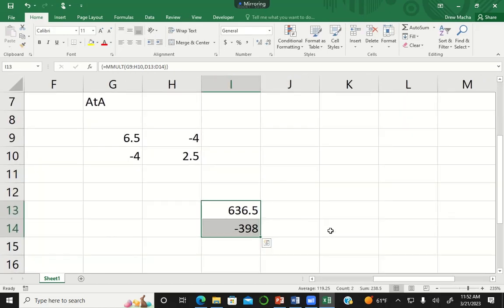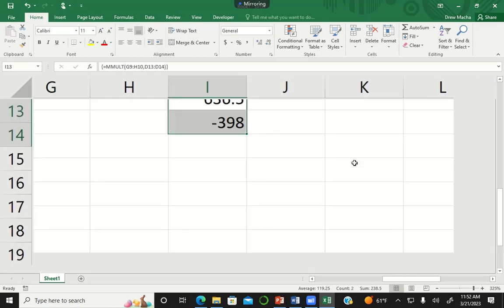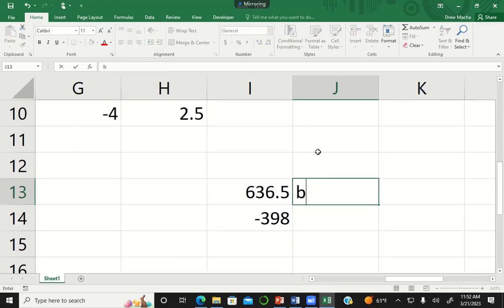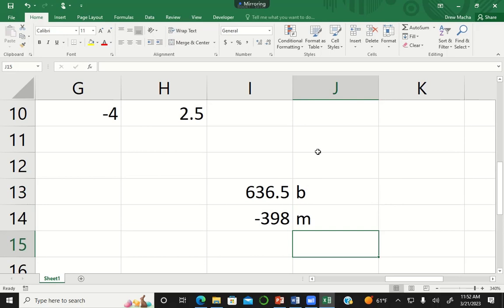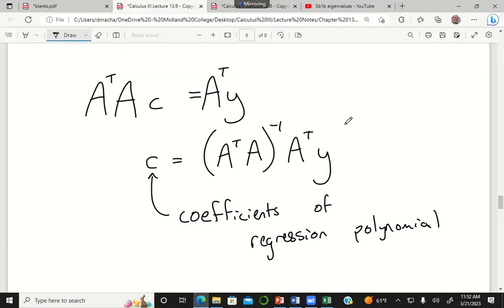So now, in this little vector, we've got the slope and the intercept of the regression line. Now, that seemed like a lot of work, but the cool thing about the linear algebra solution is that the formula is really easy to remember, and this works for any polynomial.